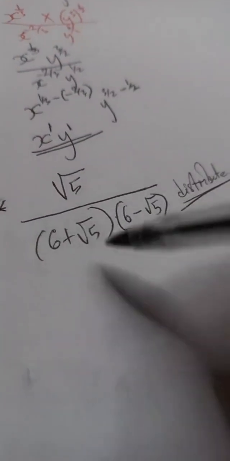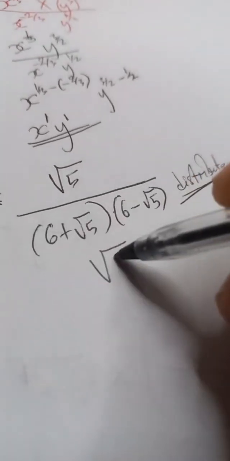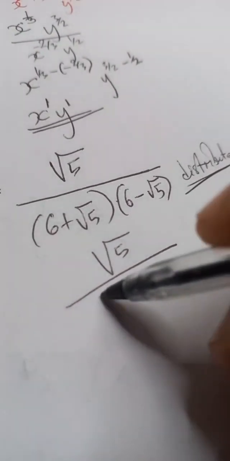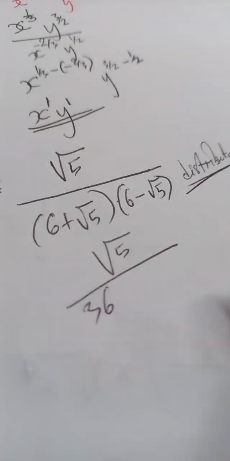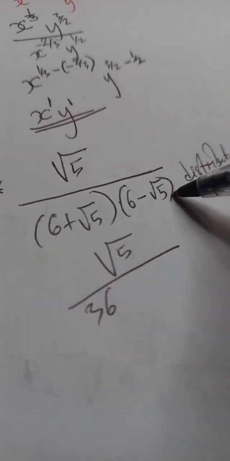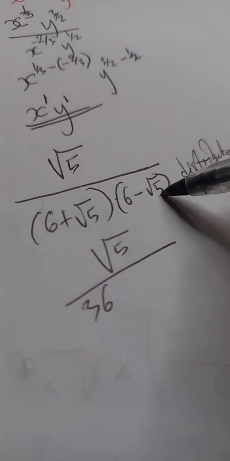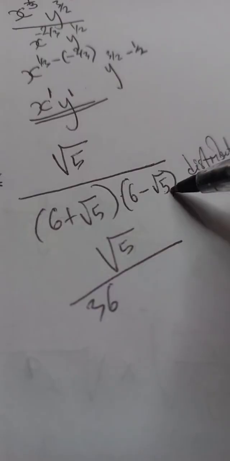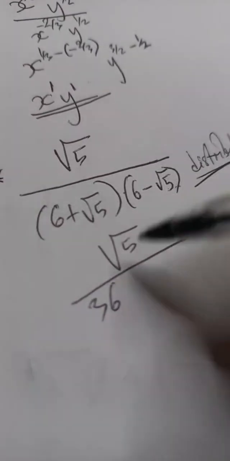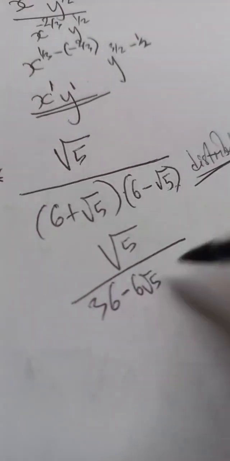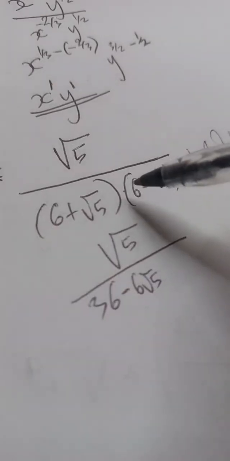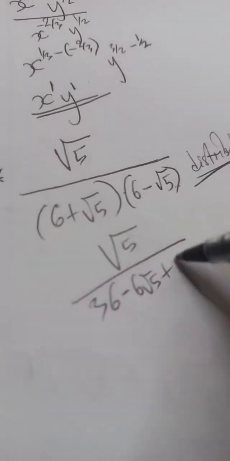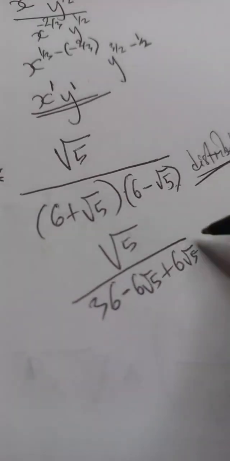Very, very easy stuff. 6 by 6, 36, right? So square root of 5 will go back. 6 by 6, 36. 6 by this guy, negative 6 square root of 5. And then plus 6 square root of 5.